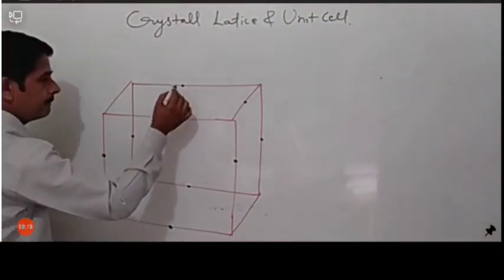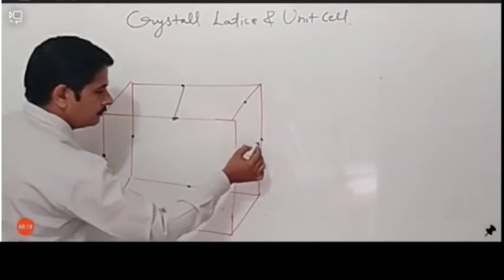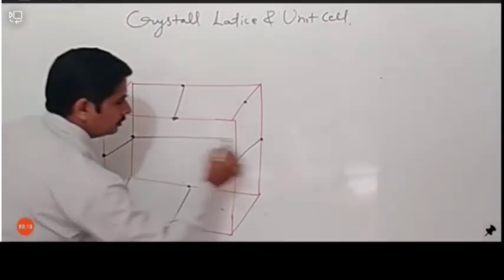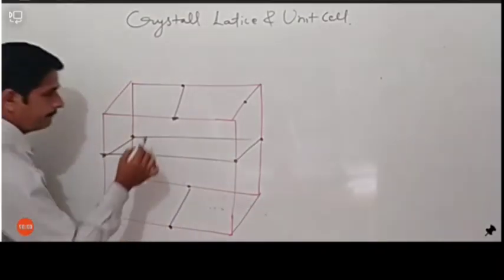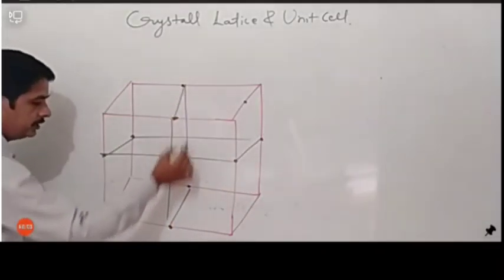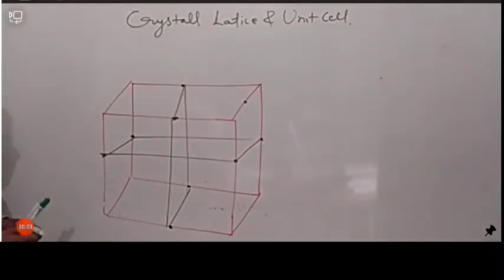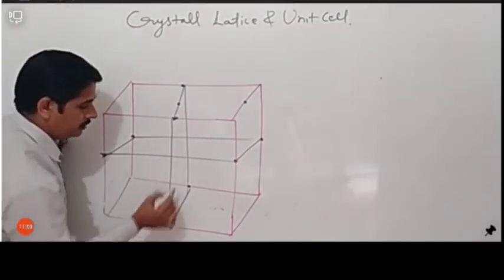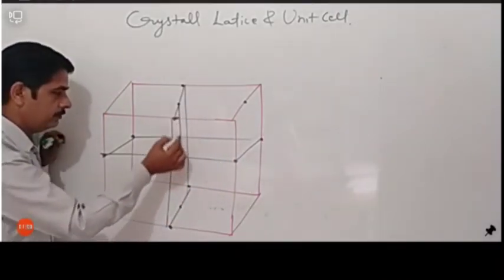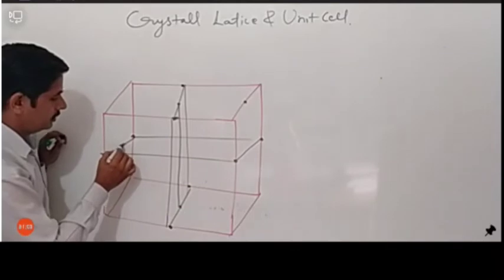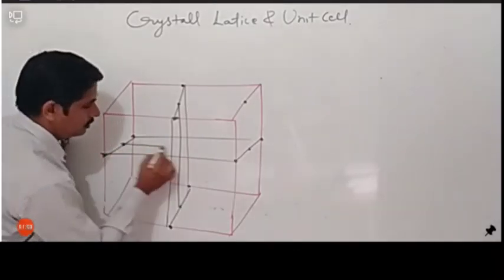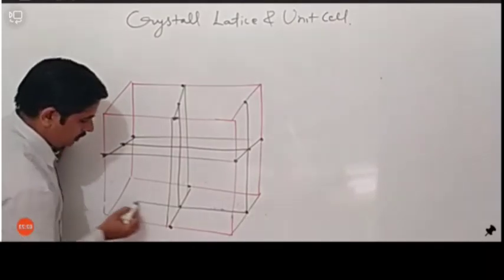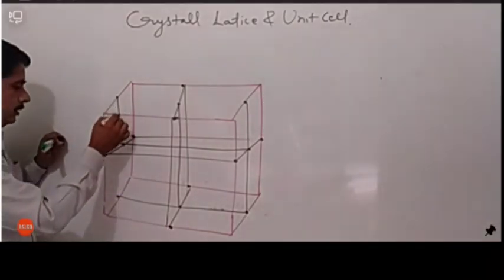Then join the lines, like this, join both horizontal and vertical lines. After that, make the middle point of these edges which you have already made, like this. One middle point should be here, one here, one here, and one here.